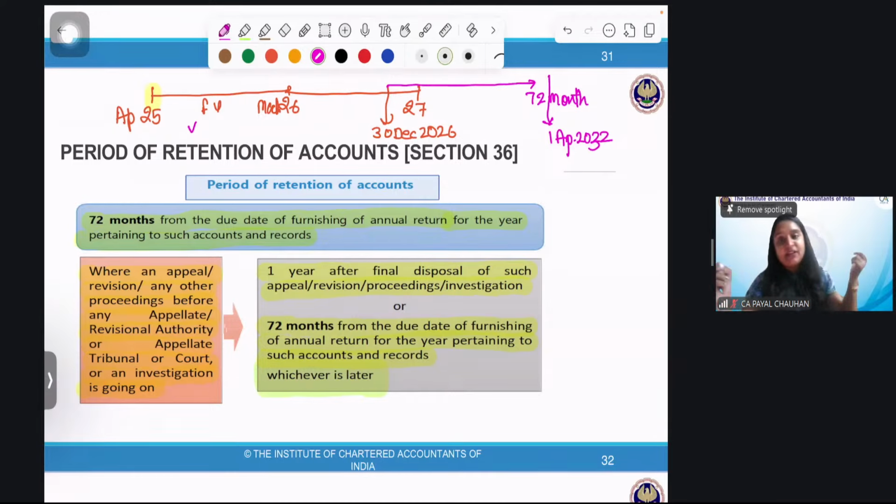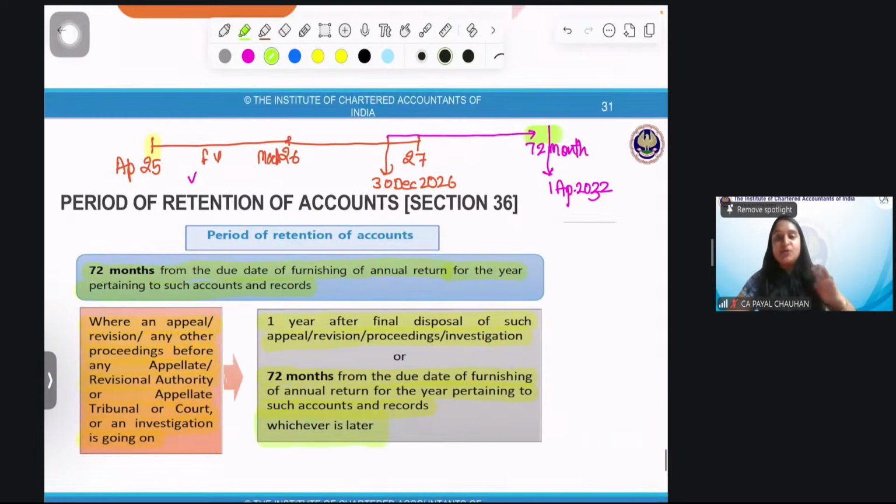The 72 months have already been over. So we have to maintain, yes, till final disposal. Very good. We have to maintain it till 33 because the provision says whichever is later. Perfect. Whichever is later.